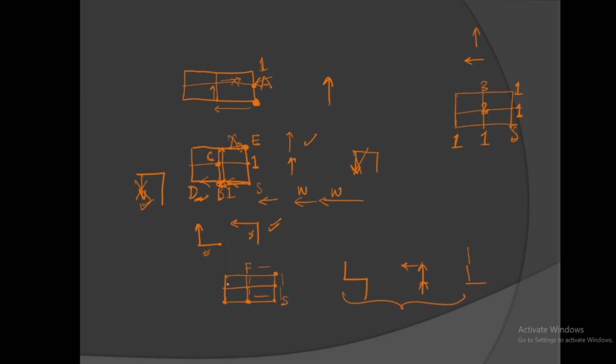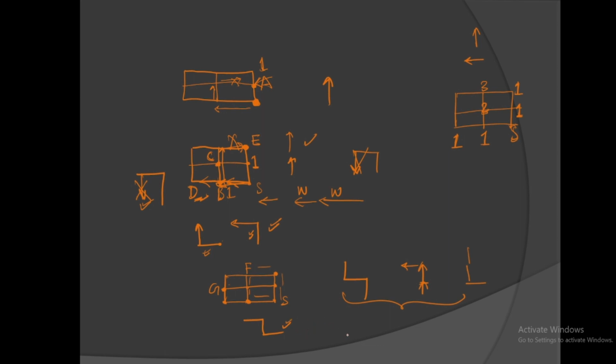Okay. Now let's go on to point G. In how many ways can we get to the point G? If you see carefully, we can go left, up, left, right? This is permissible, so this path is valid.